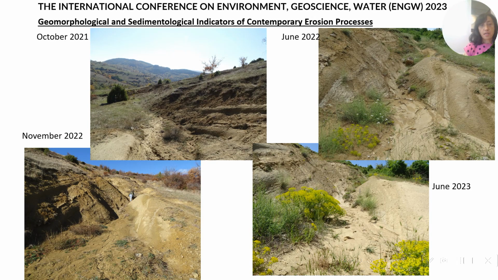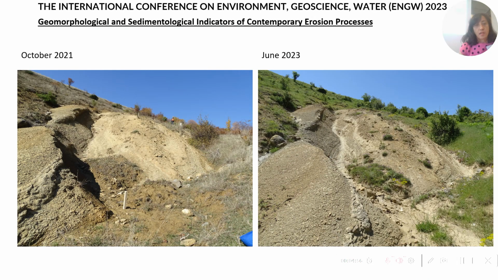This is a part of the northern gullies and the low part of the gully where we can see changes of grain size parameters. I will say a few words about that later in the presentation. Also here we can see a clear part of the washed materials of the slope in June 2023.